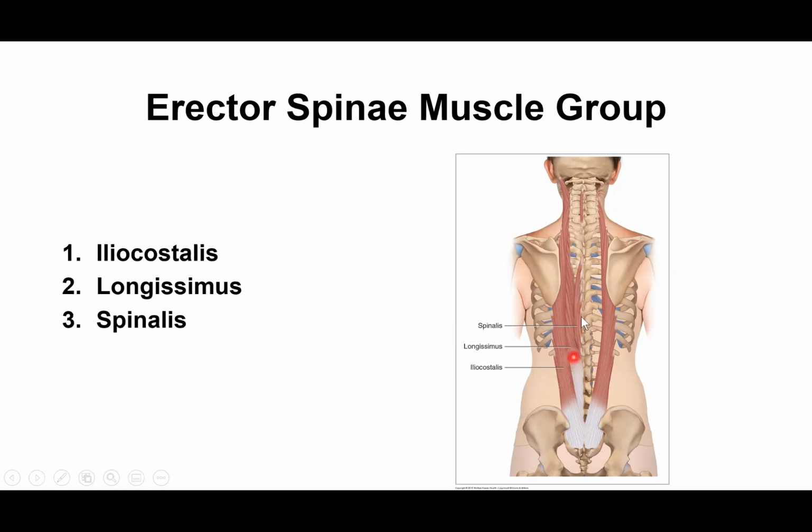If you can remember ILS and remember that spinalis is the one that's always on the spine, then you can kind of go through those muscles in your head, knowing, okay, iliocostalis is most lateral, then we have the longissimus, and then spinalis. And these are called the erector spinae muscle groups because their whole purpose in our bodies is to help literally keep our spine erect, help us maintain posture, and do those sort of things. So let's take a look at them.